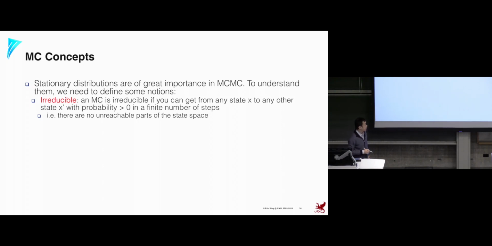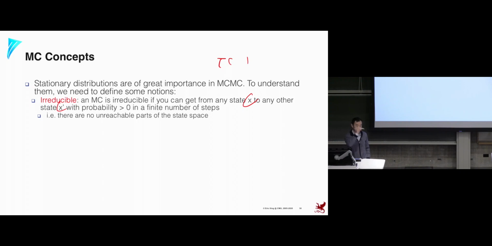Let's review a few important concepts which say something about how this T looks. One thing is called irreducibility, meaning that from any state X, you can move to any other state with a non-zero probability in a finite number of steps. That is a property of the transition kernel.